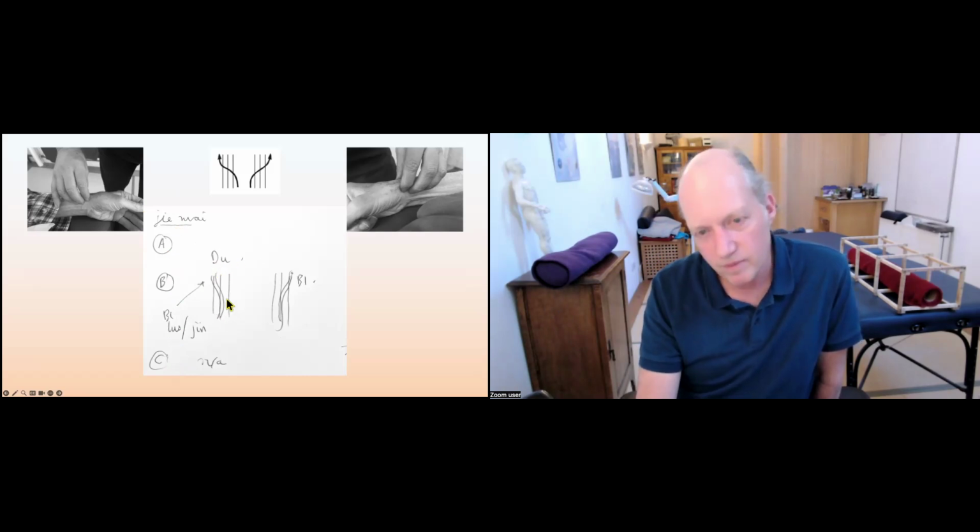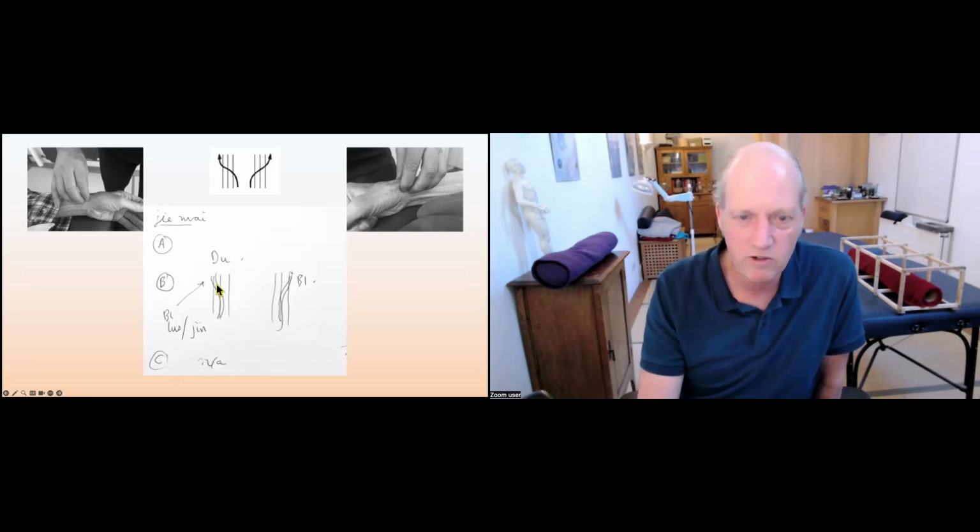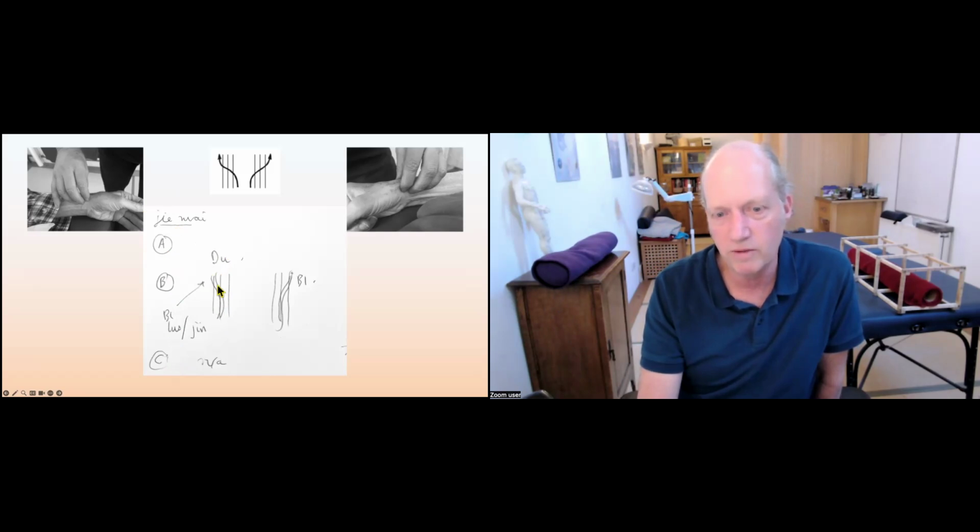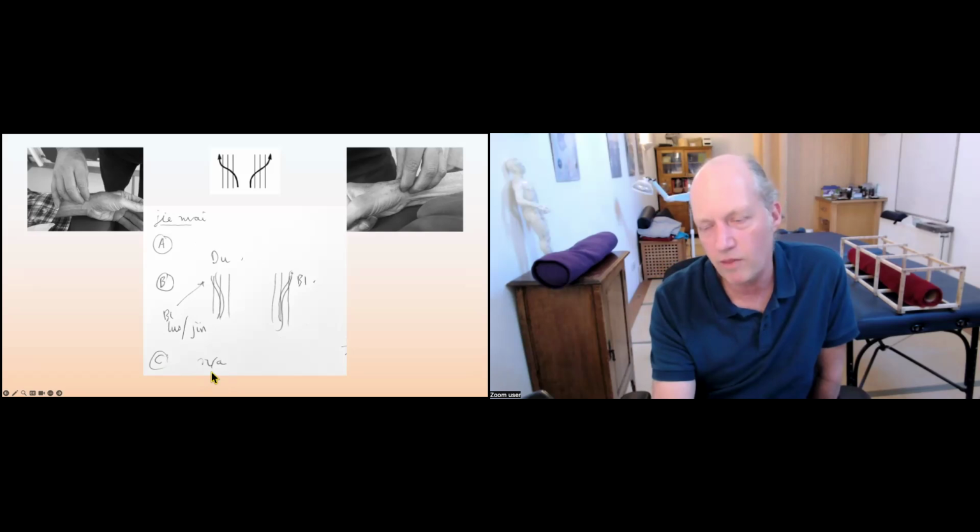However, it was not as strong as this very strong outward feeling of this motion. And see here it says C, not applicable. That's because you can't feel anything else after you've done this. All you can feel is how strong this du mai is.